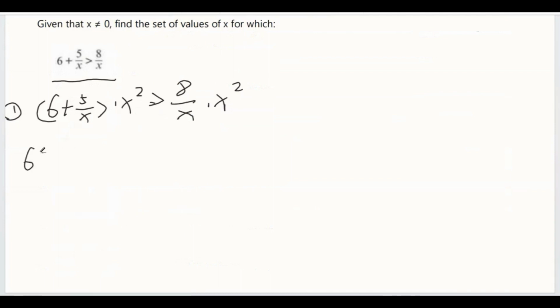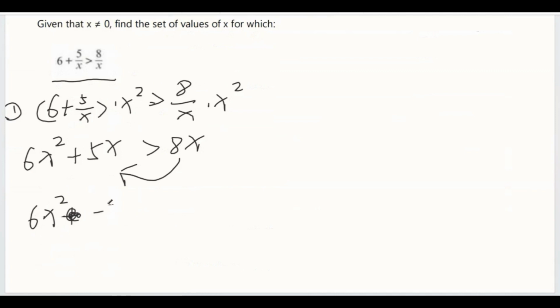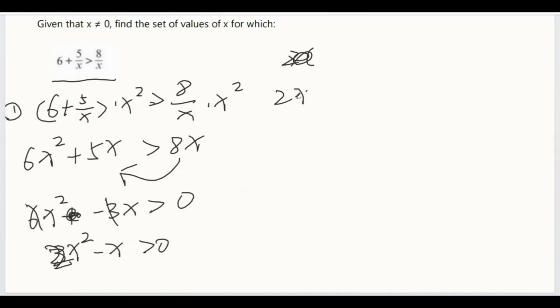First, we multiply each side by x squared. Opening the brackets, 6x squared plus 5x is greater than 8x. Bringing it together, it will be 6x squared minus 3x greater than 0. Cancel the common factor of 3, giving 2x squared minus x greater than 0. Common factor x, so x(2x minus 1) is greater than 0.